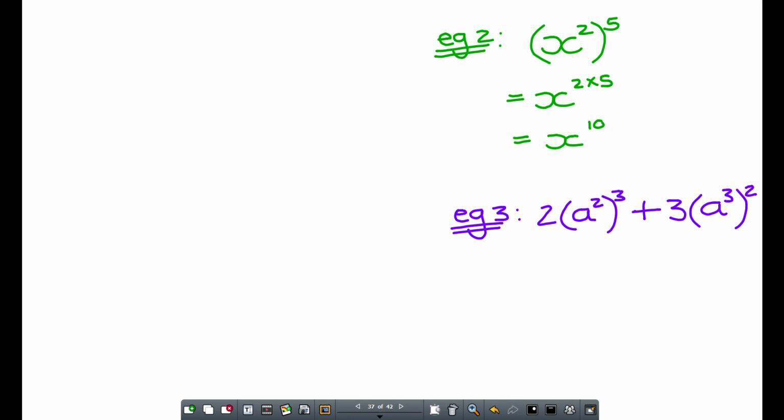Okay, so if I simplify that, I would get 2a to the power of 6 plus 3a to the power of 6. And now what I want you to see is that these both have a to the power of 6. So they are like terms. So my final answer here would be 5a to the power of 6. Okay, any questions?